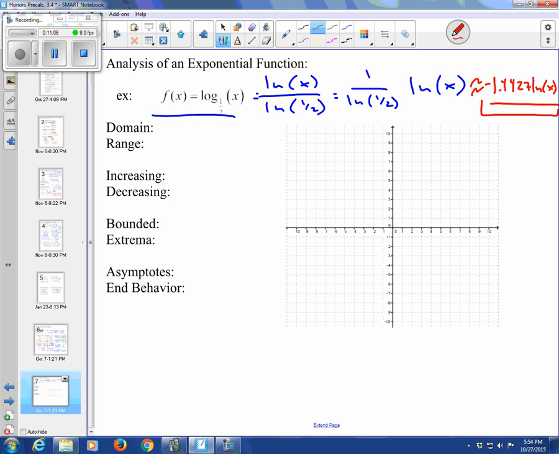We have to round a little bit, so it's not going to be exactly log base 1/2 of x. But if we type this into the calculator with any of these forms, we would get the same graph. And one of the things we can recognize is that that graph would be a vertically flipped natural log. So what we would get is something that's going to look a little bit like this.